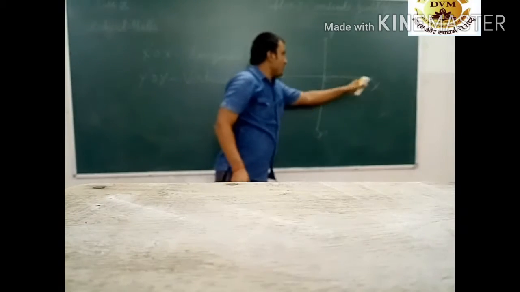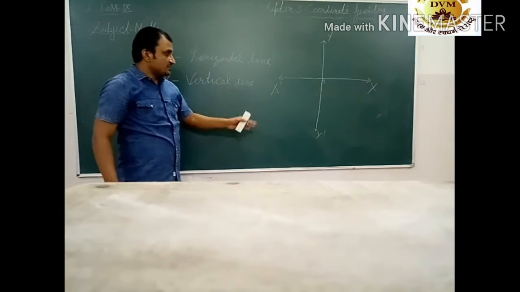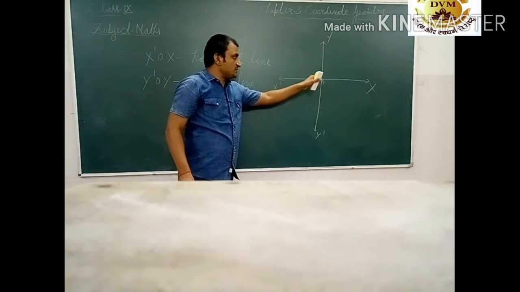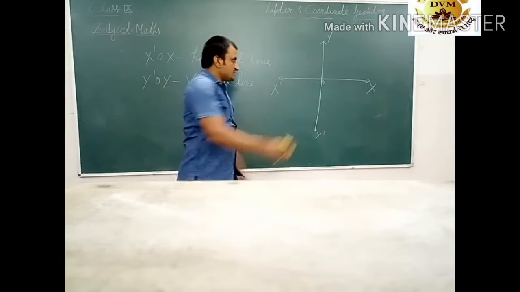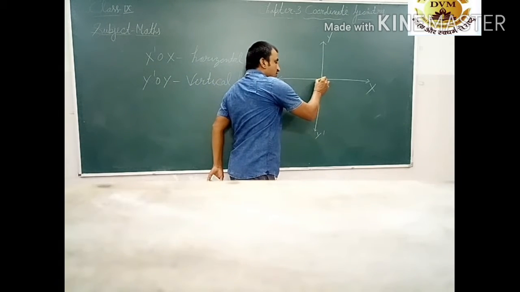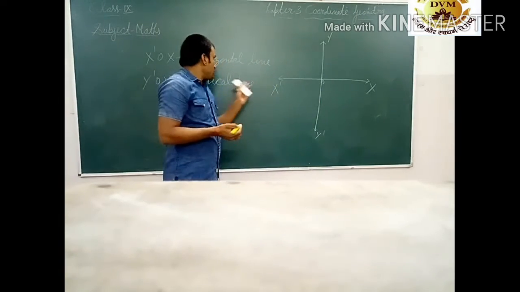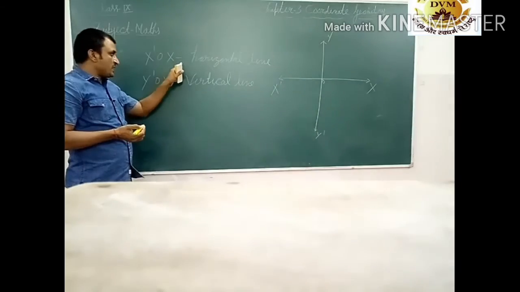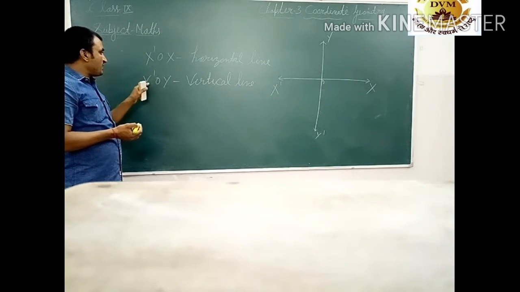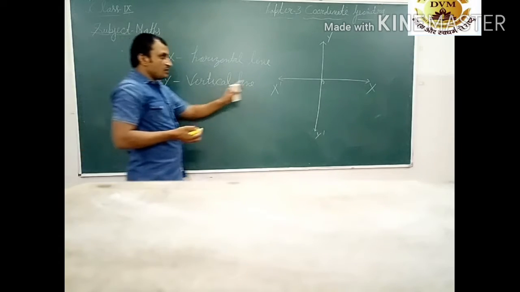Now this is the meeting point of the X'OX line and the Y'OY line. The meeting point of these two lines is called the origin. We can say the intersection point of the horizontal line X'OX and the vertical line Y'OY is called the origin.